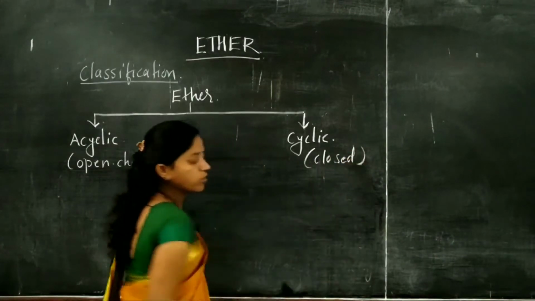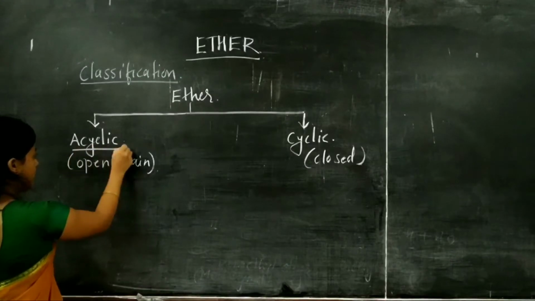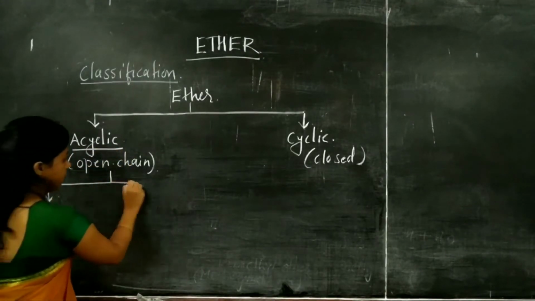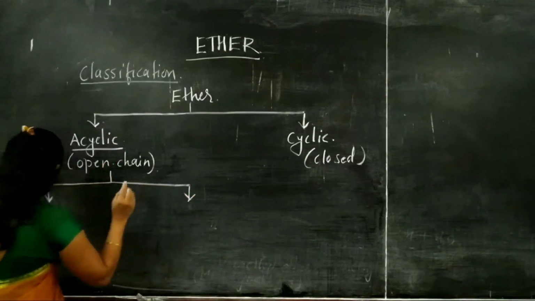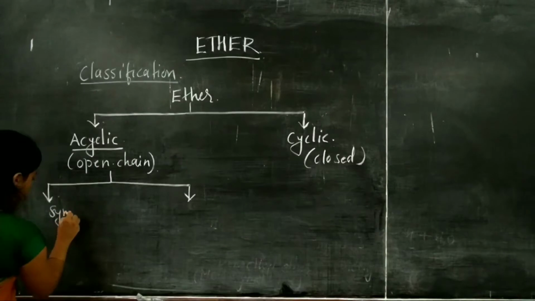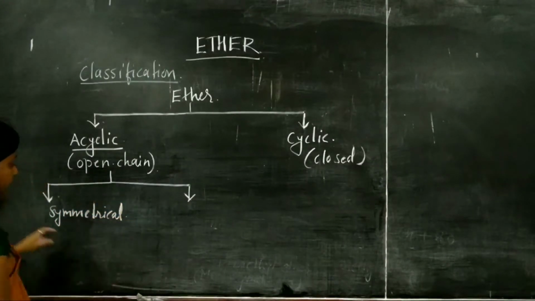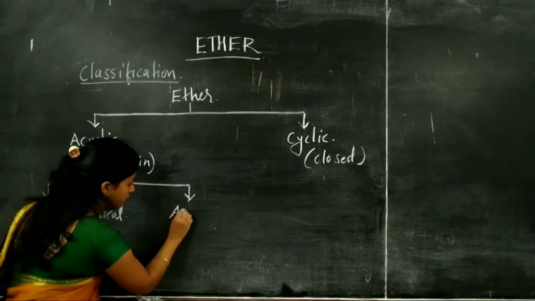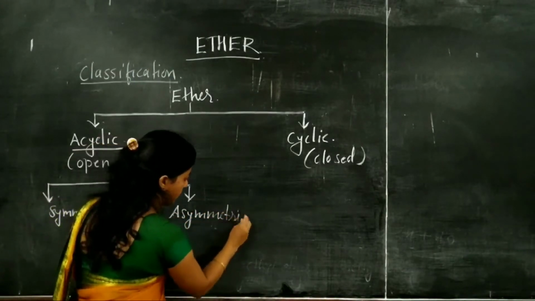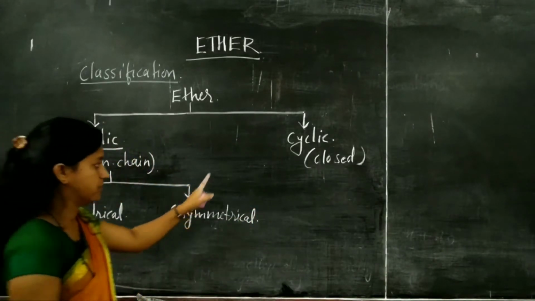These acyclic, open chain ethers are again subdivided into two, symmetrical ethers and asymmetrical ethers.